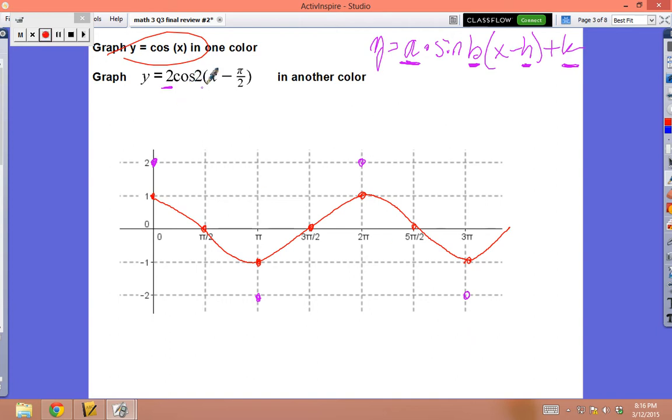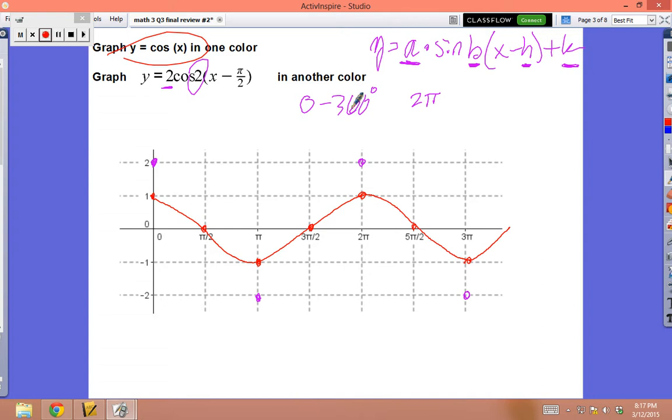Okay, this one is going to change my period, and your period, it cycles through on a trig function. It takes 360 degrees before it starts repeating itself. So my standard period is just 360 degrees, or 2 pi radians.